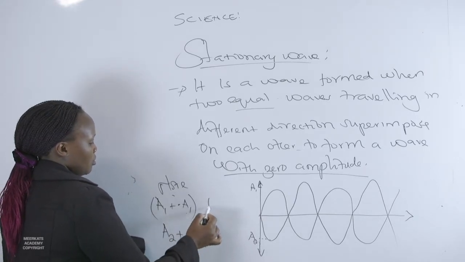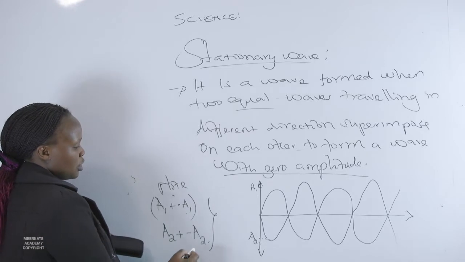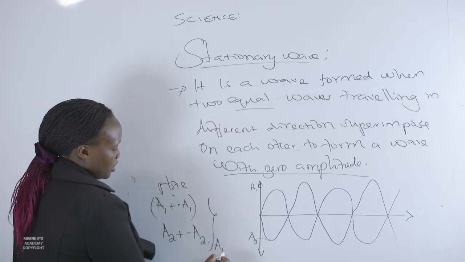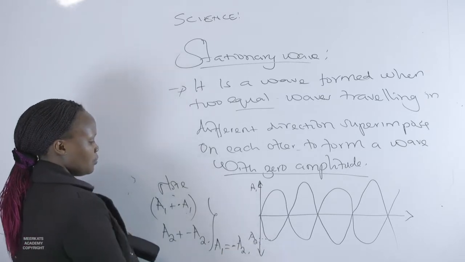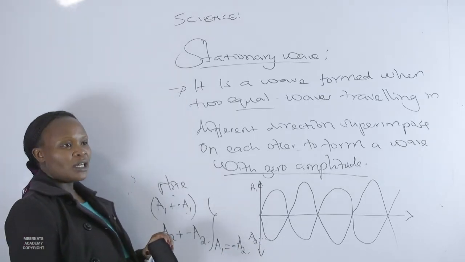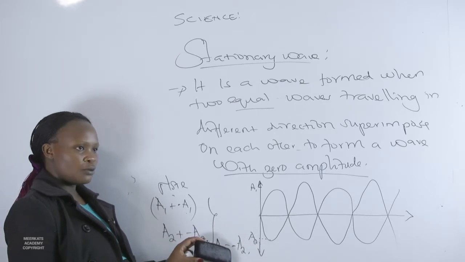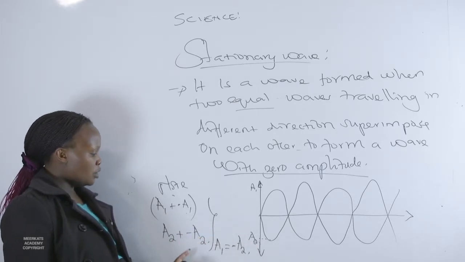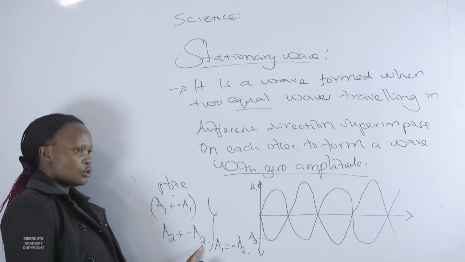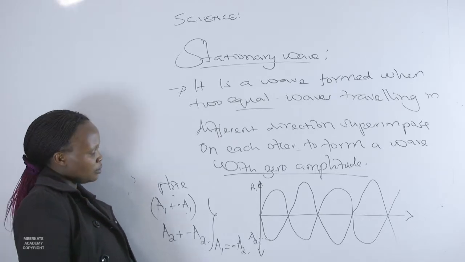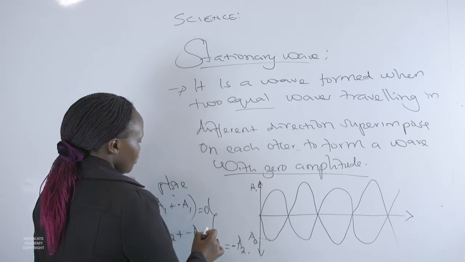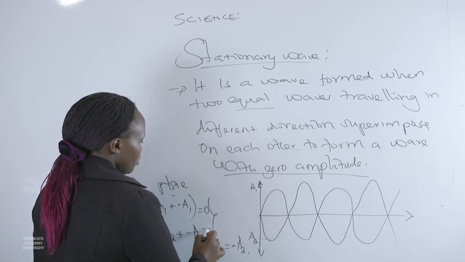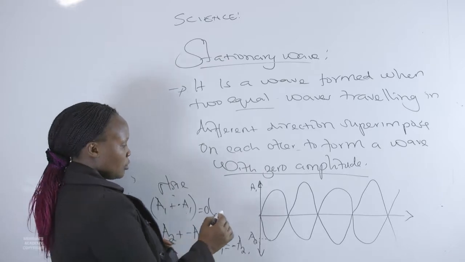Why are we claiming such a situation? Because we have said A1 is equal to negative A2. Now when that happens, we are going to form a wave which has an amplitude of 0, because if you add a number and the negative of itself, you get 0.